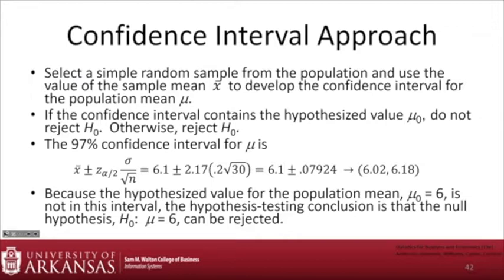So here, if I give you a confidence interval, and I give you the population mean, if the mean is inside my confidence interval, then I fail to reject my null hypothesis.